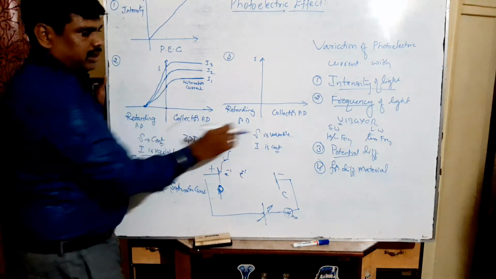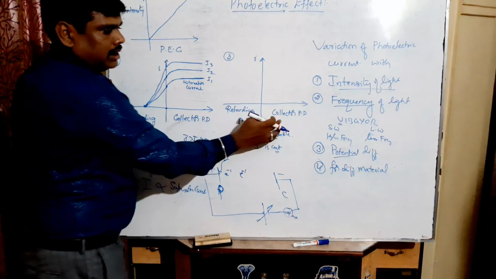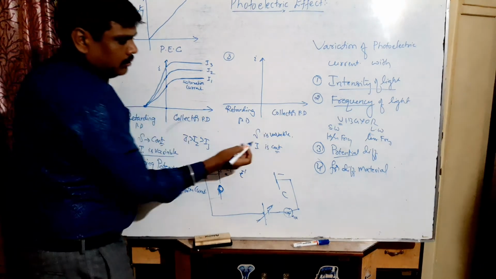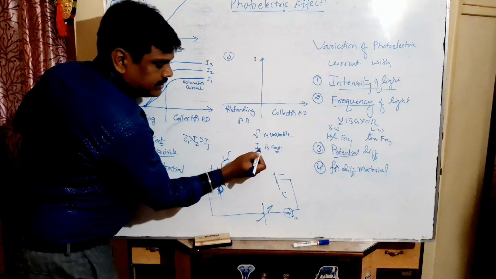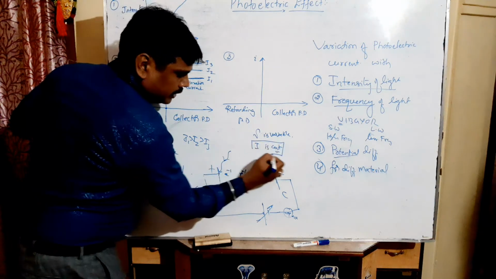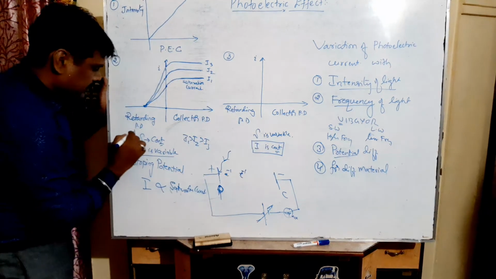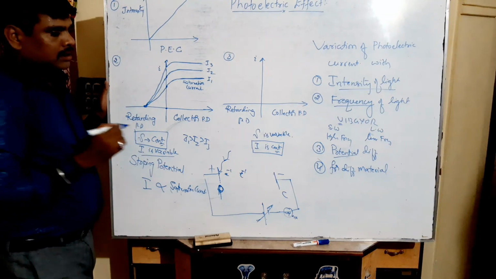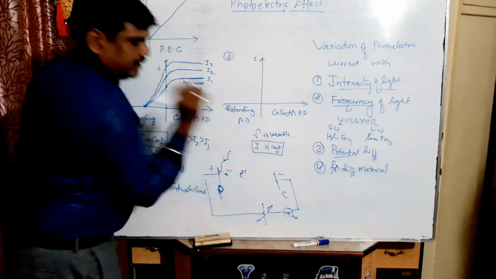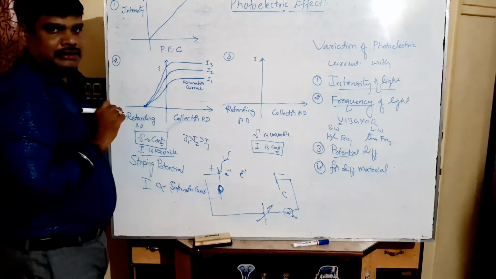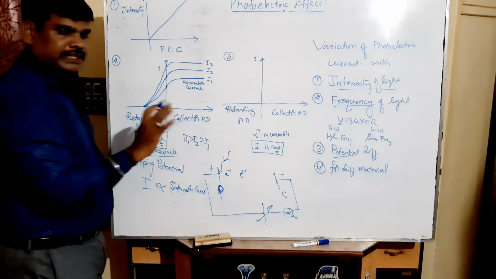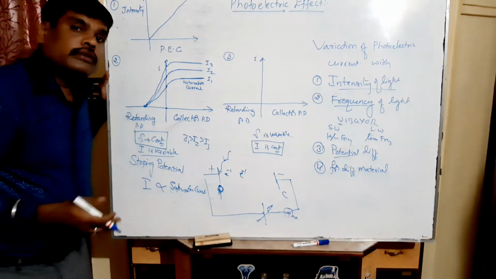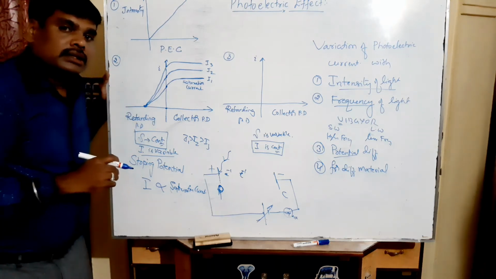How the variation between collector current and collector potential difference, and the photoelectric current, can vary. Now the thing is, we have kept intensity constant. This is very important. Here, which one have we kept constant? Frequency is fixed, and that frequency should be above the threshold frequency.